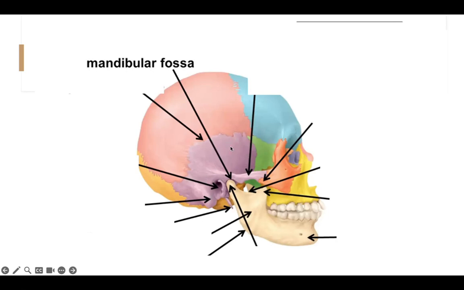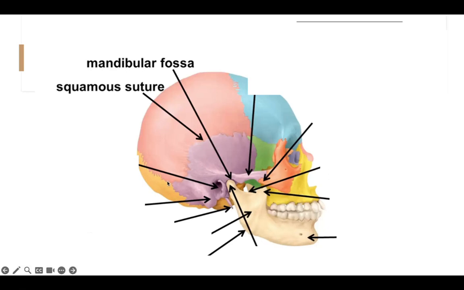Okay, so this is a new bone that we're able to really get a clear view of, the temporal bone. We were able to see it from the anterior portion, but now we're really seeing it in its entirety. So the mandibular fossa is of the temporal bone, and it's where obviously the mandible can articulate, and we'll talk about that more.